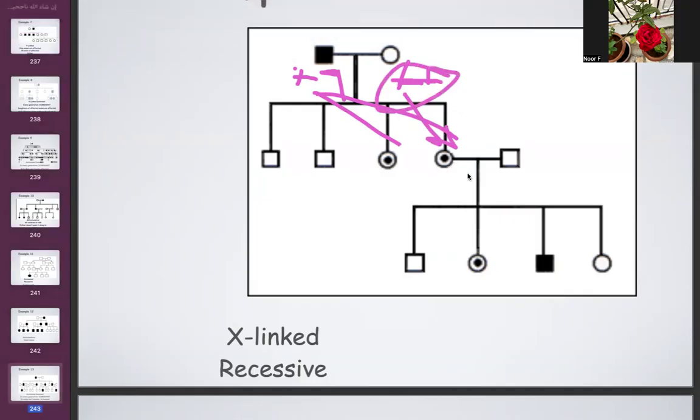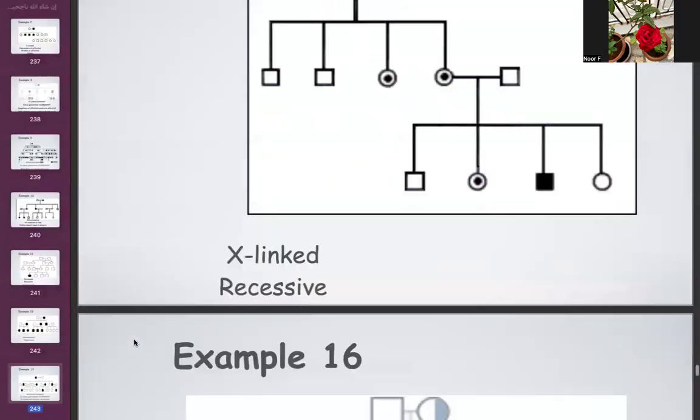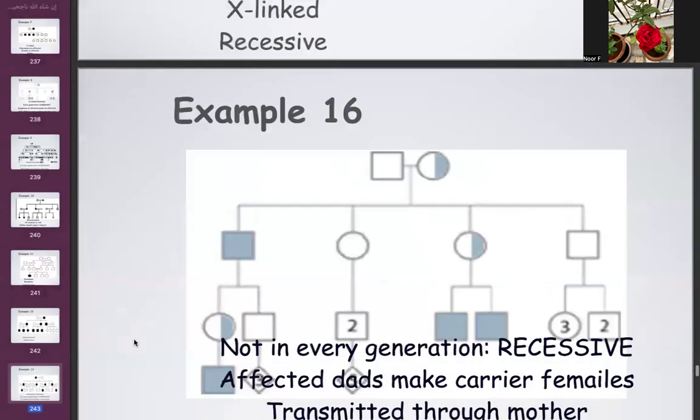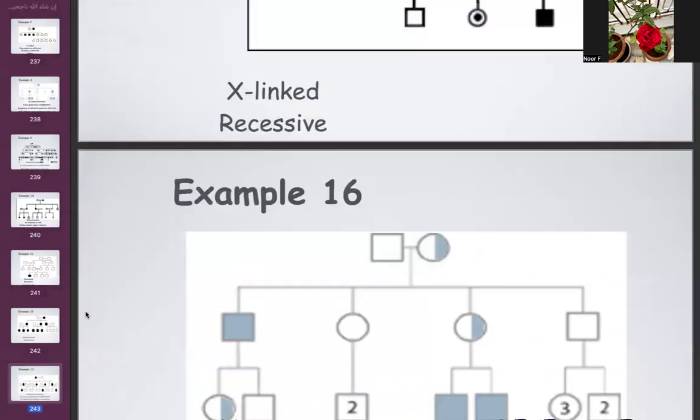But here, what has happened? This male who received the affected chromosome from the mother has become affected. So this is X-linked recessive. Here the mother is a carrier, which means she is not affected.